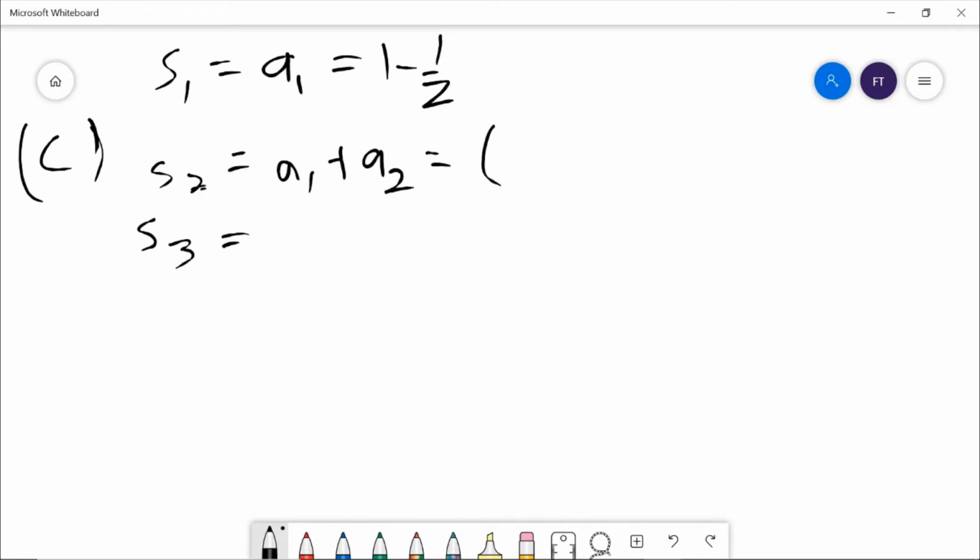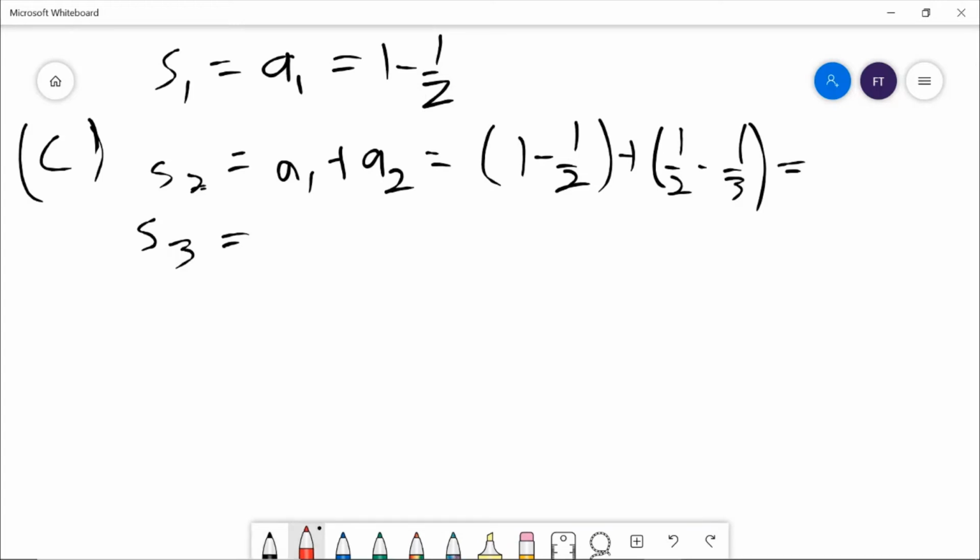Our a1 is 1 minus 1/2 and the a2 is 1/2 minus 1/3. Now if we add these up, you can see that this 1/2 and this 1/2 actually cancel out, and so we end up with 1 minus 1/3.